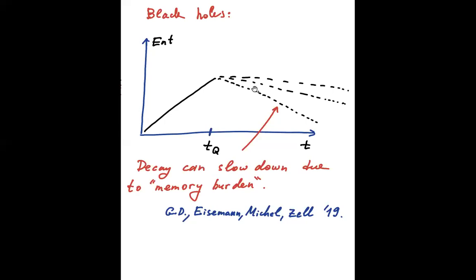And we see that in those prototype models, indeed there is a tendency of slowing down because of this effect of memory burden. That could be extremely interesting from the point of view of primordial black holes as dark matter, because it could tell us that the black holes we thought were gone long ago are in reality still around, because they got stabilized by memory burden.